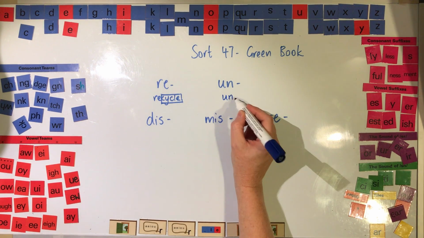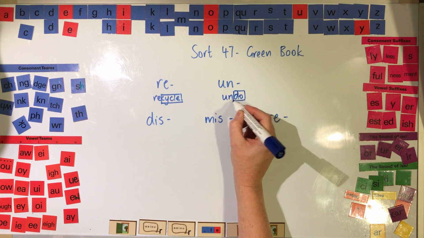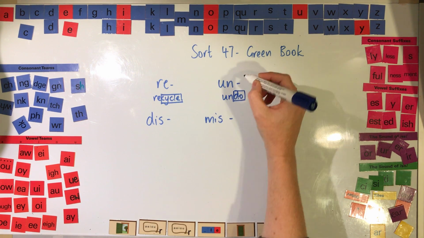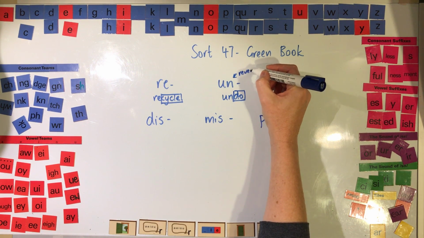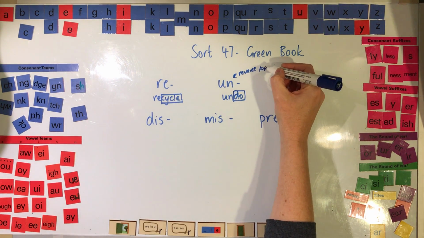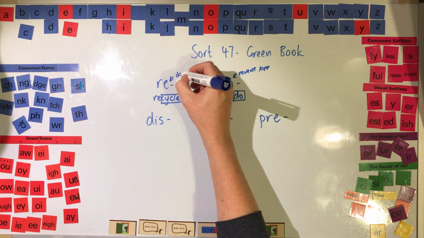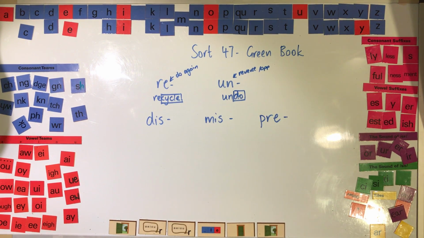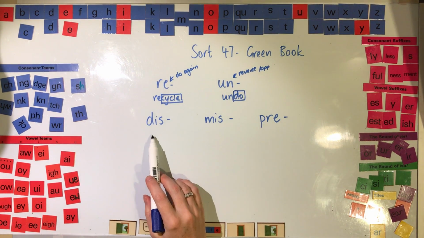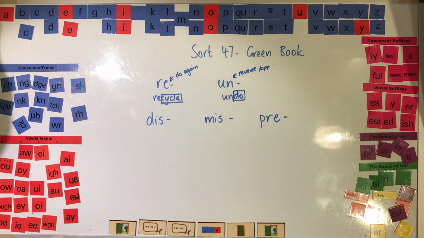Un means to undo, so we do something and then we undo it. It's the opposite, or reverse. Okay, re means to do again or repeat. Now we're going to look at a few words using dis, miss and pre and see if you can work out what those prefixes mean.